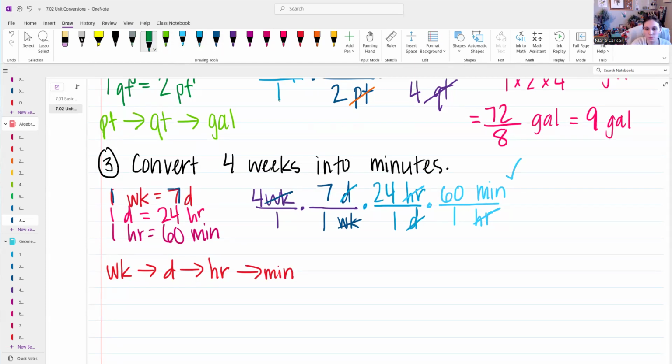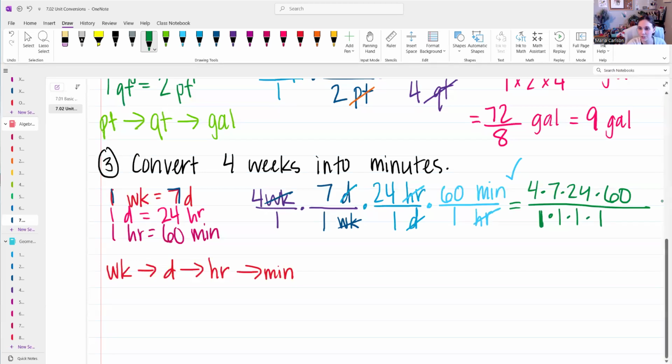Now I'm just going to multiply across the top and across the bottom. So we have 4 times 7 times 24 times 60 in the numerator. And the denominator is just 1 times 1 times 1 times 1. Denominator is easy. And our units, again, is minutes.